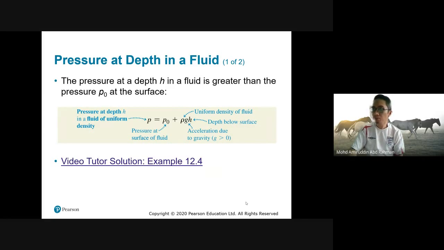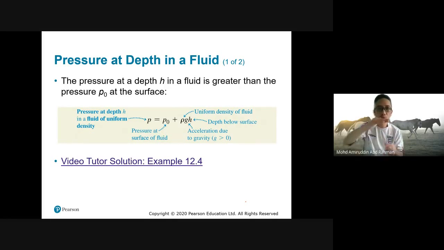So let's say we have a certain depth, inside the ocean, and we want to measure the pressure. You can measure pressure a few meters below the surface of the ocean. So how can you measure that?